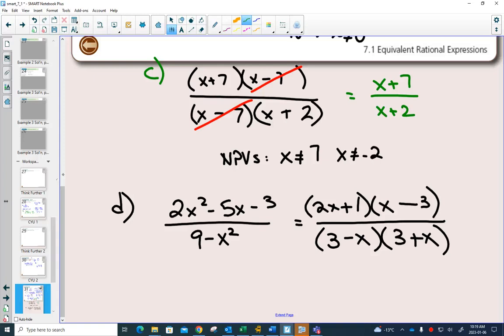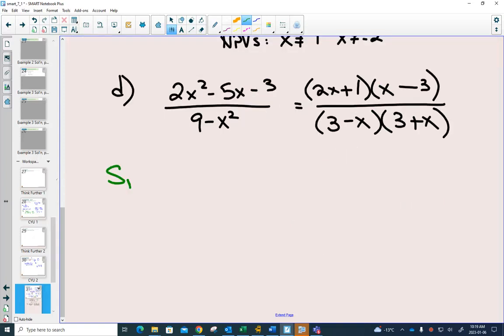However, a special note: sometimes when you have factors that are almost the same with a minus sign but they're flipped, you can factor out a negative 1. If I take a negative 1 out of here, can you see that that would make the 3 negative and the x positive? Taking the negative out of the 3 would make the 3 negative. Taking the negative out of the negative x would make the x positive.